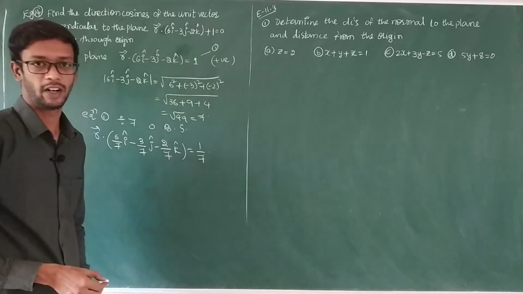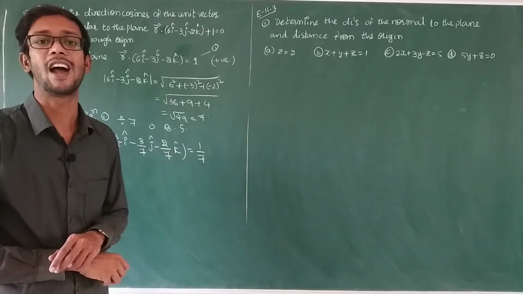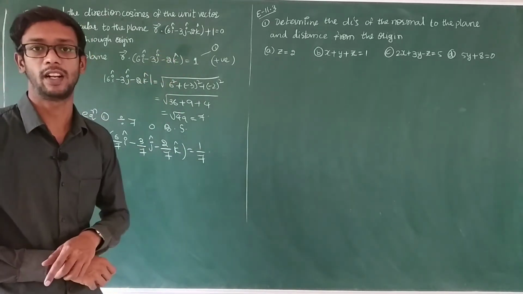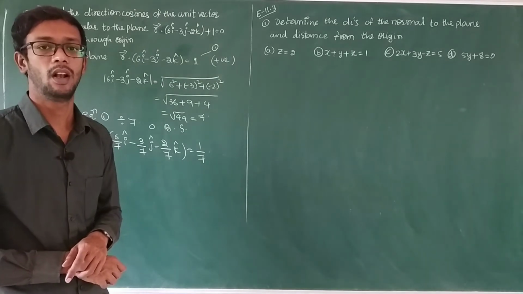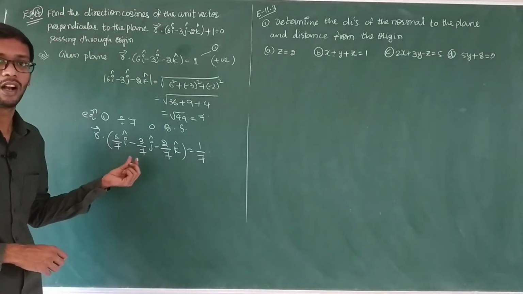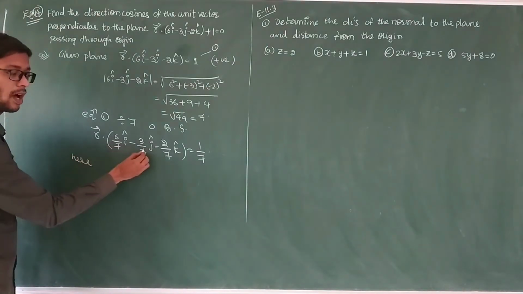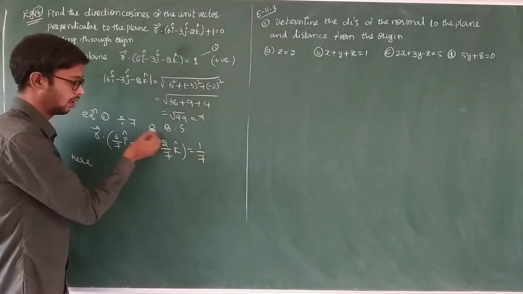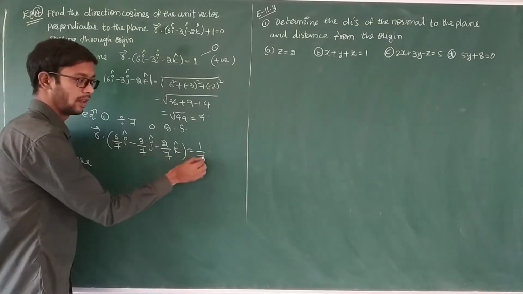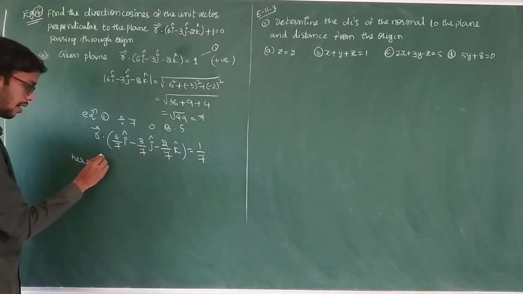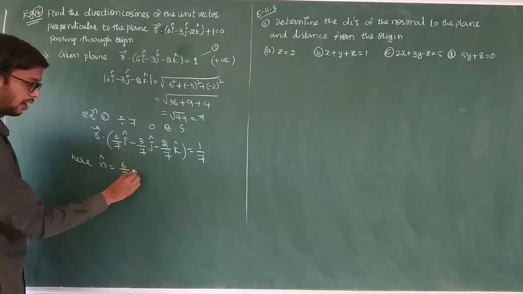equals 1 by 7. This represents the normal vector, the perpendicular vector, that is nothing but the normal vector equation of a plane. Here r bar dot n cap is equal to d. Here n cap is equal to 6 by 7 i cap minus 3 by 7 j cap minus 2 by 7 k cap.